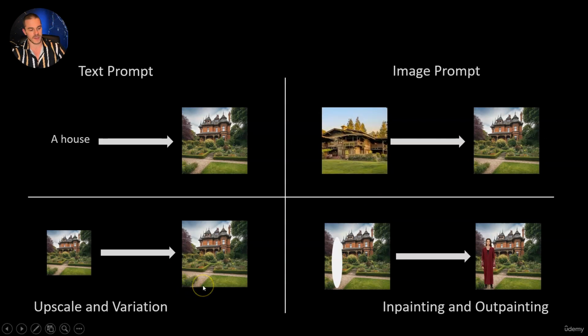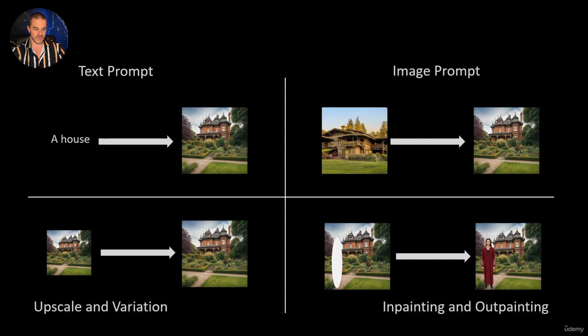Then we have upscale and variation, and as the word already says, it gives us the opportunity to upscale an image to make it in a higher resolution, or to upscale and also vary it a little bit so that it looks slightly different.